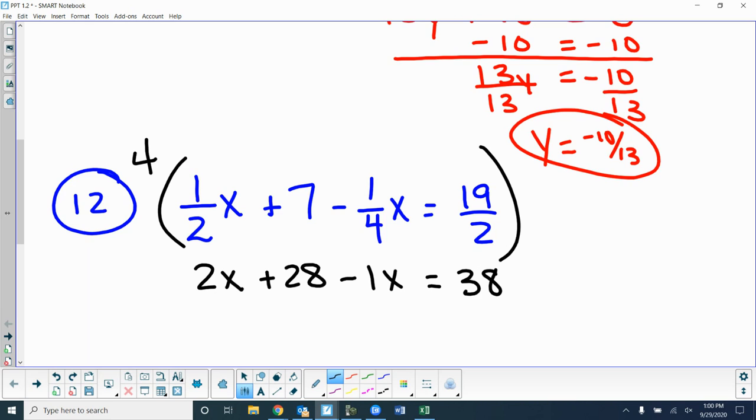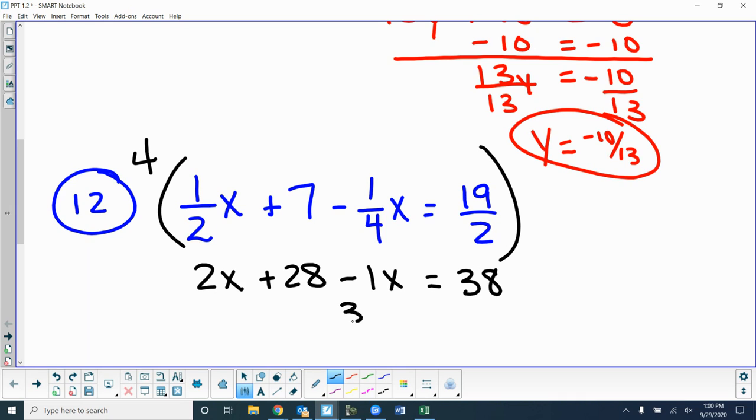So that's what I would do if I were you with the fractions. Multiply by a common denominator. It doesn't have to be the least common, but a common denominator. So if you just want to multiply the 2 denominators, you can do that. But you'll get rid of your fractions that way. And then we're going to combine like terms here.